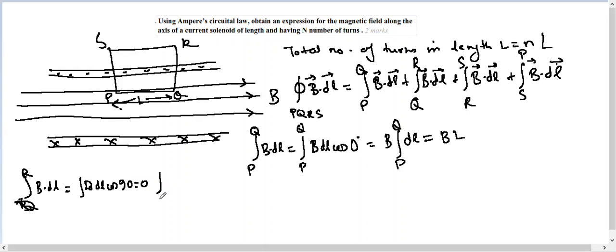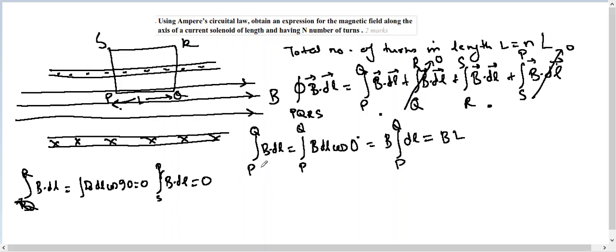The similar case is with S to P, B dot dl. Both of them are 0. So the component Q to R is 0 and the component S to P is again 0.